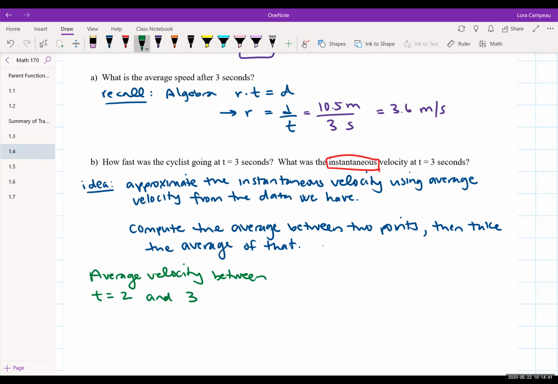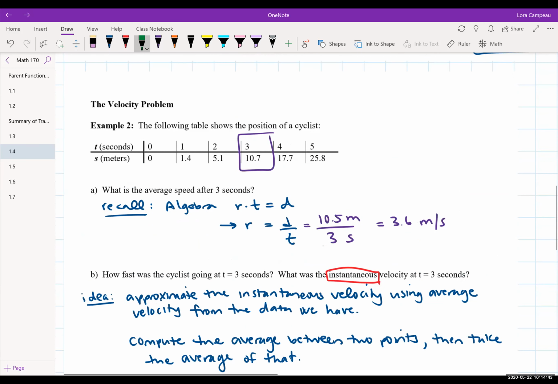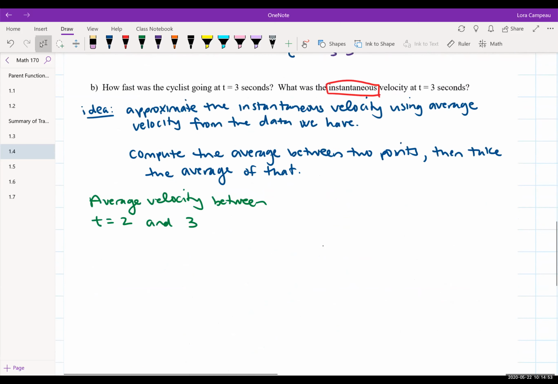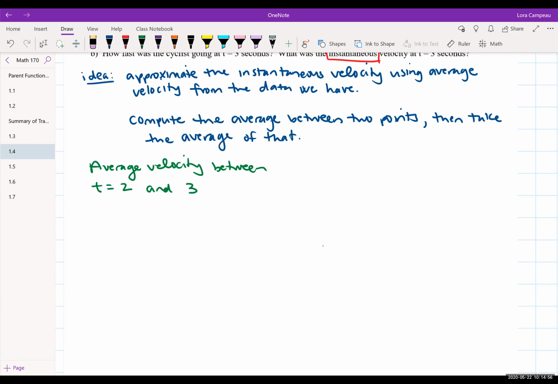So if I go back, I'm getting pretty much 2 points that are close to the number 3. So we're looking at 2 and 3. Let me write that down a little more formally. T equals 2 and T equals 3.